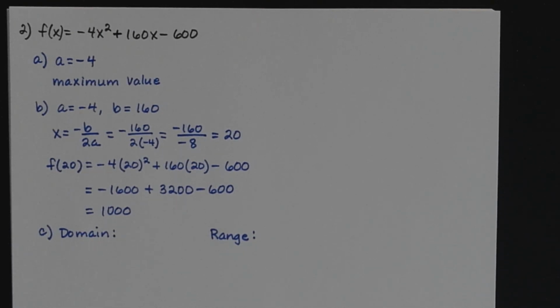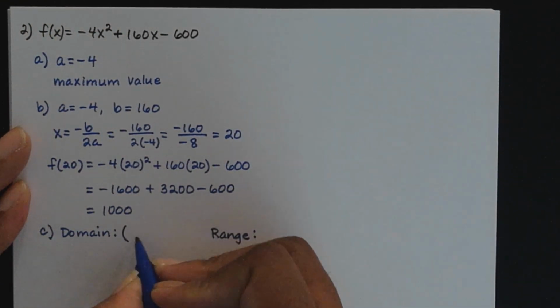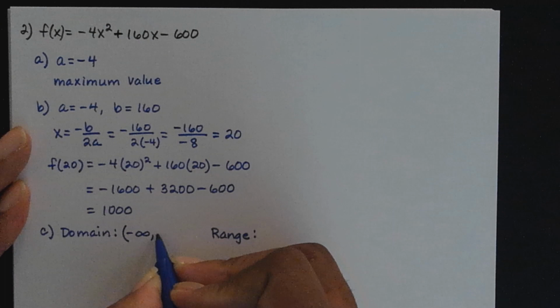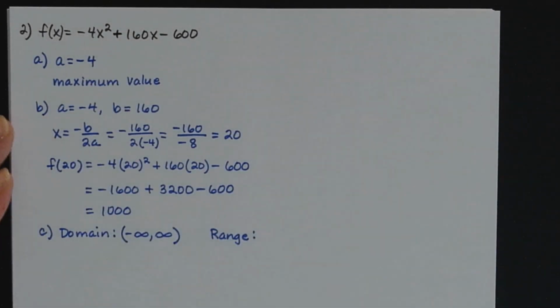And in a polynomial function, any x value that you assign to it, you're always going to get an f of x value for it. So there are no restrictions on a quadratic function. So the domain would be from negative infinity to infinity. And you're going to be asked to provide the domain using interval notation.